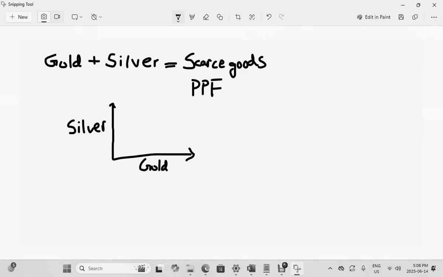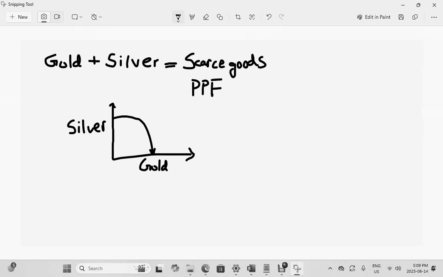Let's say a company is involved in mining silver and decides to allocate resources towards gold. Your production possibility frontier will look something like this, where the input of production is moving towards producing more gold.